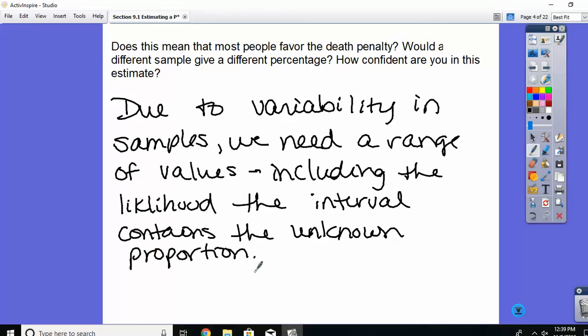In other words, I want to get to the point where I can say, okay, I know that it is probably next to impossible that the entire population also is in favor of this at a rate of 62.9 or whatever percent. But I might be able to say I am 90% confident that the value is between 60 and 66%. So we need to be able to build that range of values along with how confident we are that the true value falls in there.